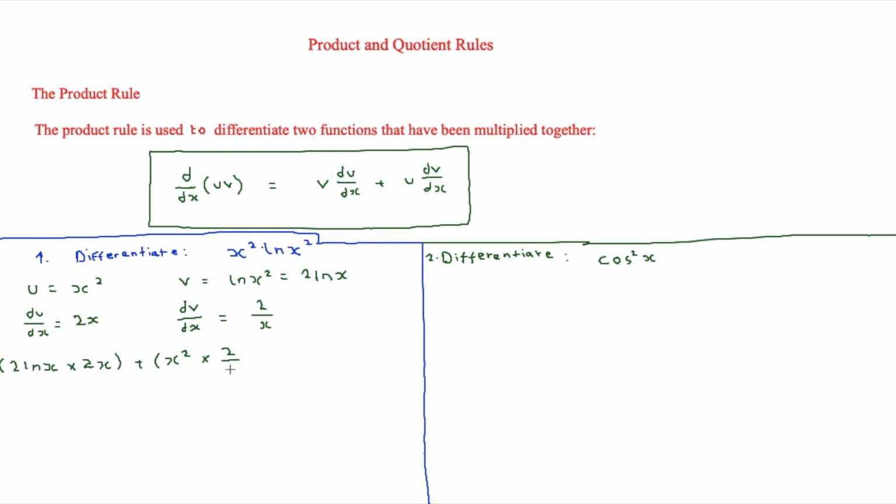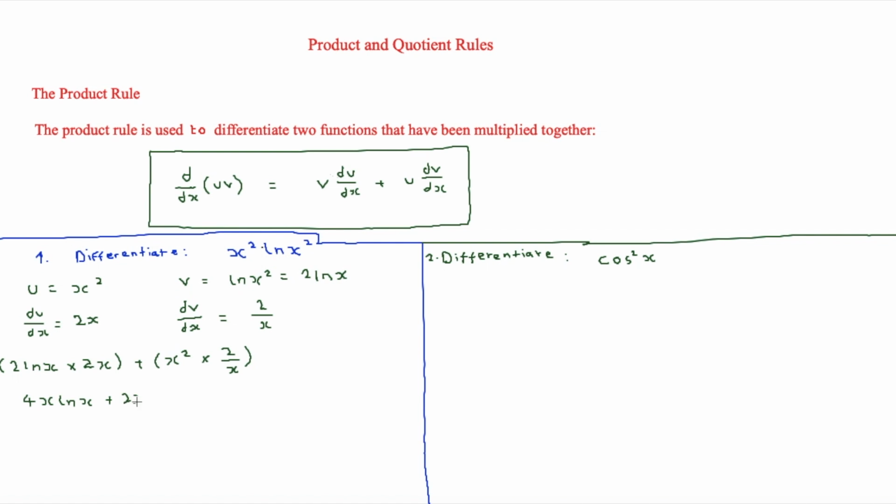So that is essentially our answer, but now we have to just simplify it. So we can simplify this by changing this to 4x ln x, and on this one we can cancel the x with the x there, which means that we're going to be left with plus 2x.